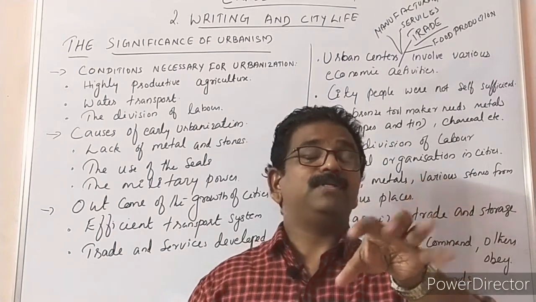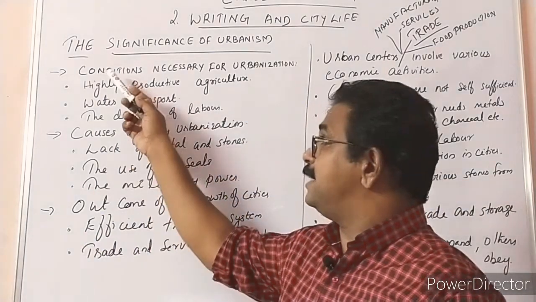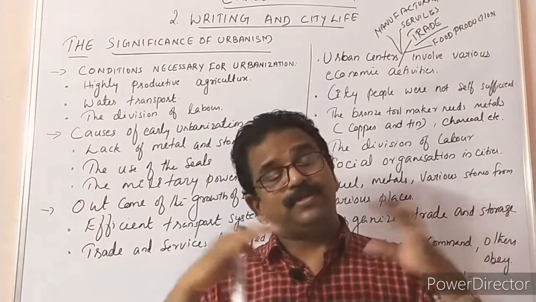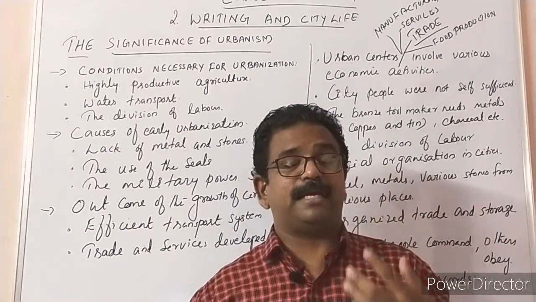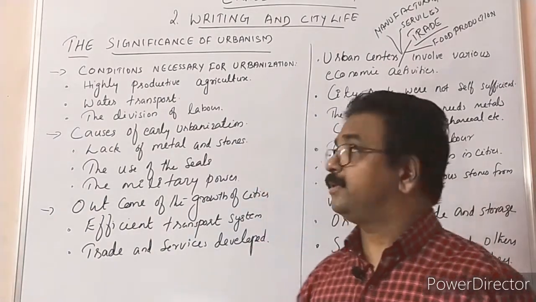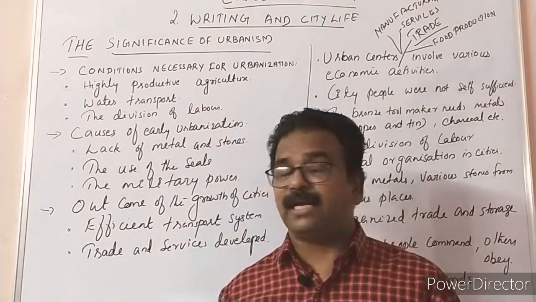And from this also, one thing we are able to understand: the conditions necessary for urbanization. For urbanization in any city, any place, in a civilization, what are the conditions necessary, right? Which ones? Agriculture is needed, highly productive agriculture.